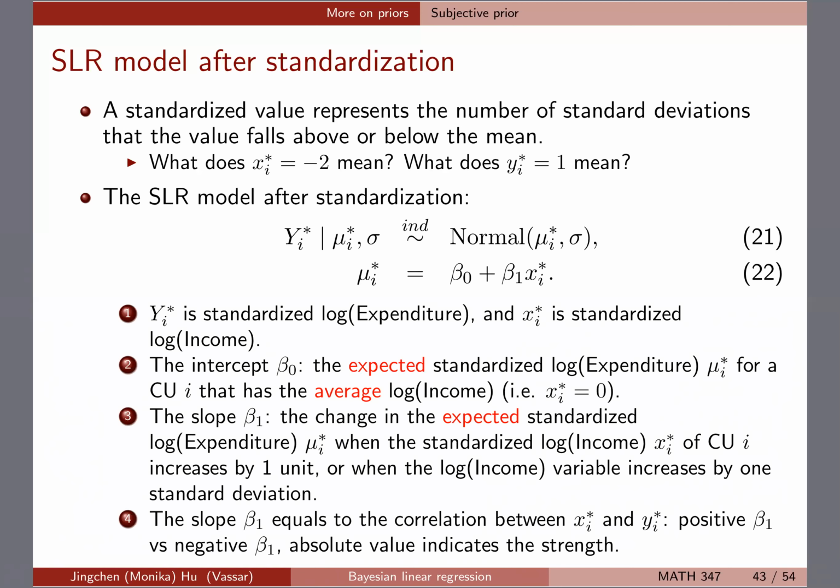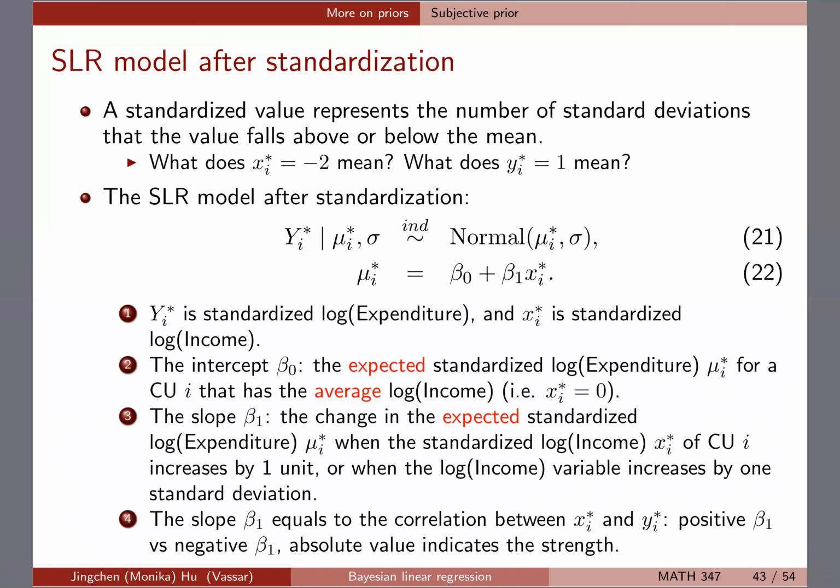Once you do standardization, beta 1 itself actually equals the correlation. So if I have some strong opinion about their correlation, I can express it in terms of beta 1. And that's why this is helpful when you do standardization, and then try to incorporate that information into it.